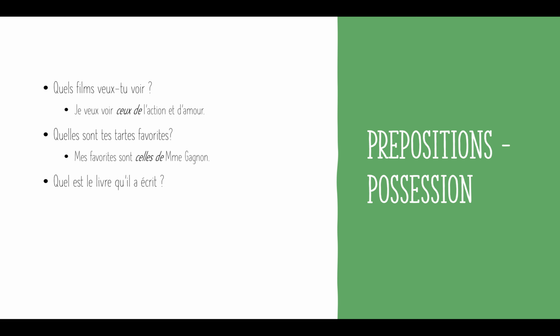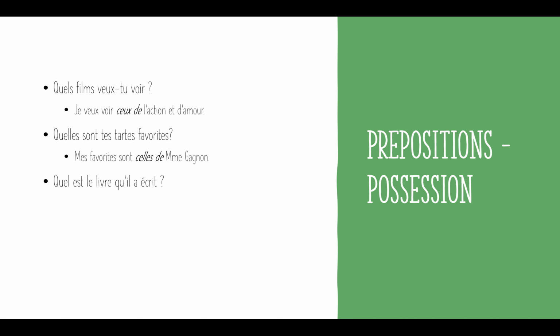Quel est le livre qu'il a écrit? What is the book that he wrote? Now, I just want to point something out to you to harken back to what I just said about the direct object pronouns that precede the past participle. Remember, écrit is the verb écrire, and this is in the passé composé because it's il a écrit.